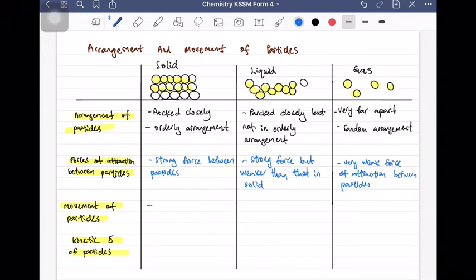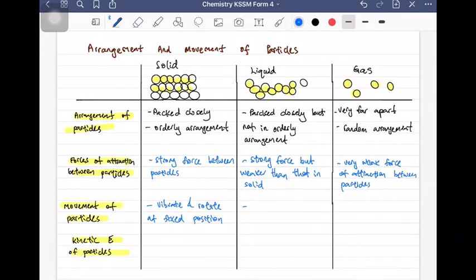Alright? And now let us move on to the movement of particle. In solid, as you can see, all the particles are at their fixed position, so they actually vibrate and rotate at fixed position. That's why solid have a fixed shape and they cannot be compressed.